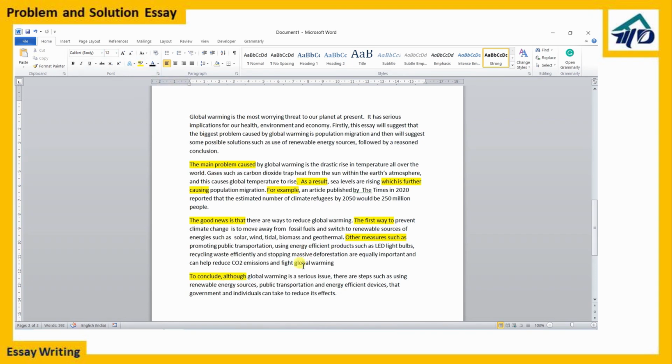Although is there. Here I have put a comma, there are, so I will highlight this comma here. Then what else is there? Drastic rise in temperature. Is there anything else? Global temperatures to rise and this causes. So this is also connecting this sentence to the previous one.